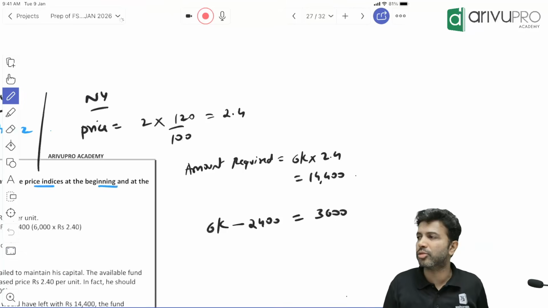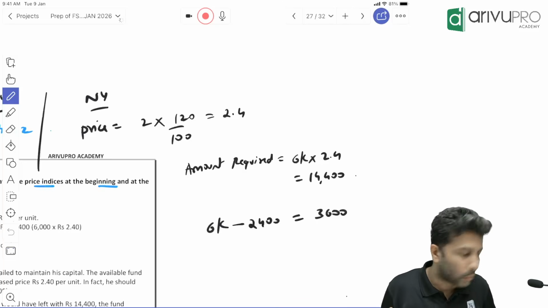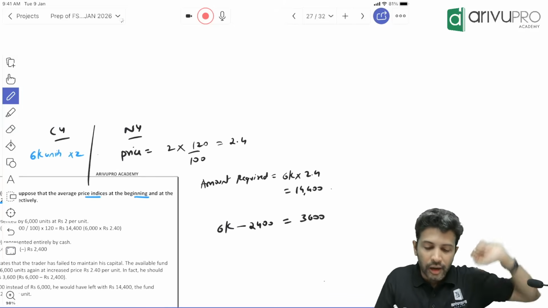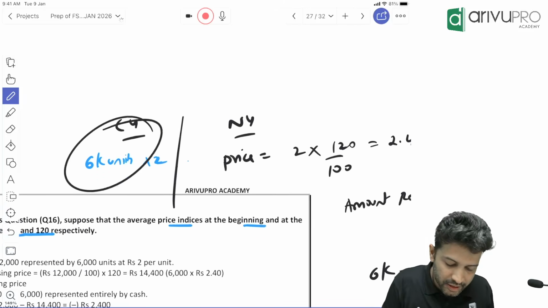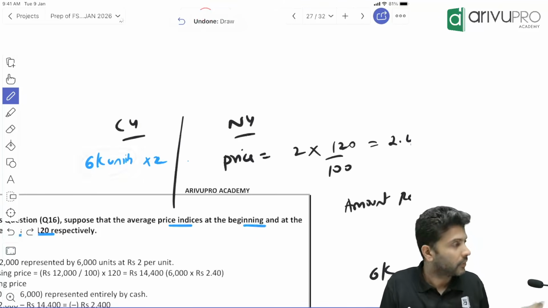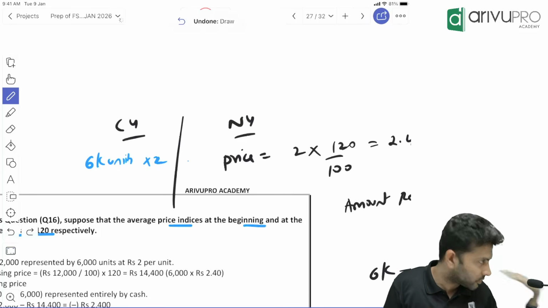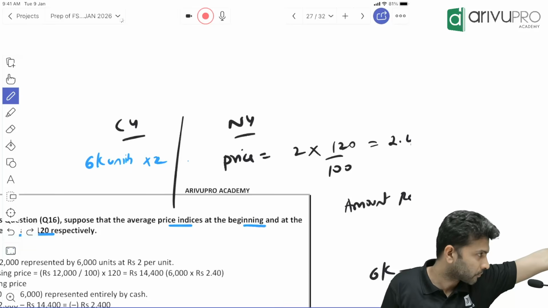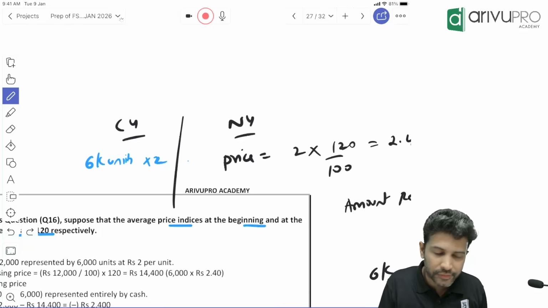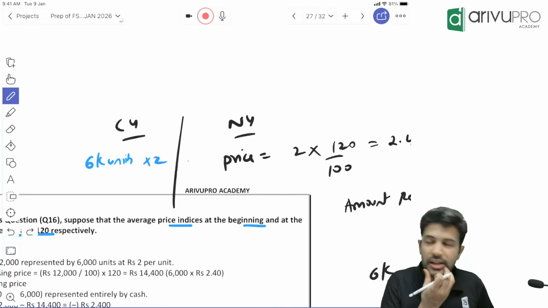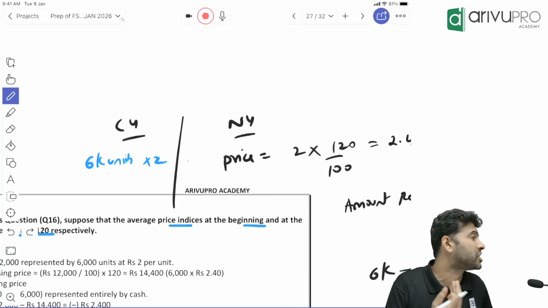That is just the fancy terms we are using. Once again, explaining. Okay, fine. In the current year, how many units did you buy? 6,000 units. At what price per unit? 2 rupees. This happened at the year beginning. At the end of the year, is the goods index the same or did it change?